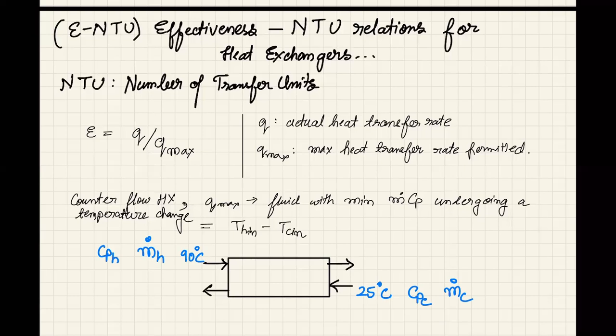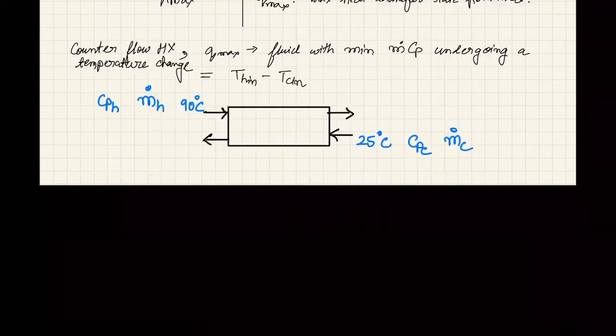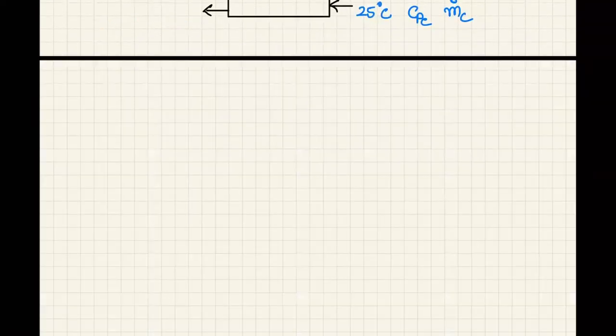The maximum heat transfer will be at that time when you have the maximum temperature gradient. So you can then draw a graph. I'll try to give a graphical view of this case.